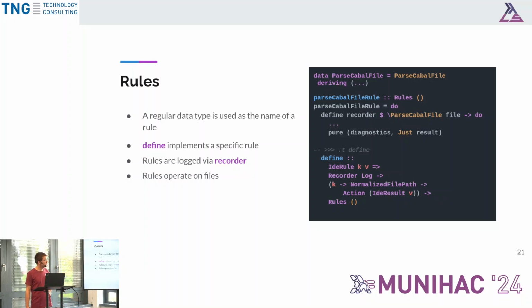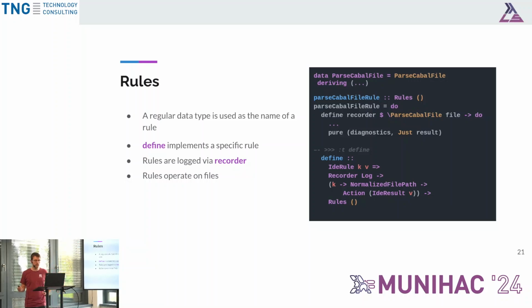And in the right part of the tuple, we return an optional result. Optional because sometimes a rule can fail. If we cannot parse the cabal file because there's a severe error and we cannot continue, then we would produce no result. Then this would be a Nothing. In this case, this is a Just result to signal that we are returning some package description that we were able to parse.